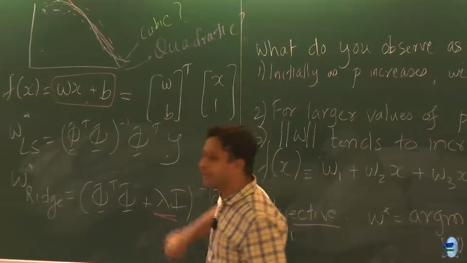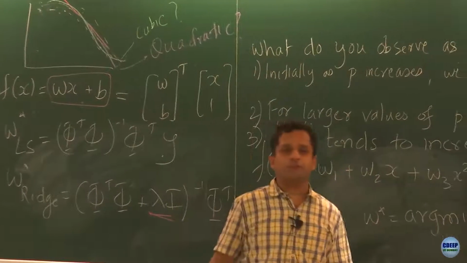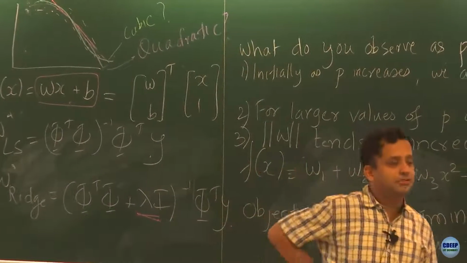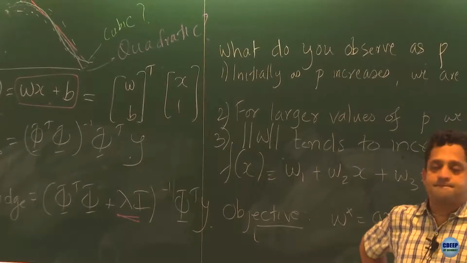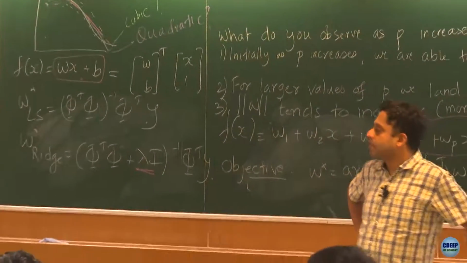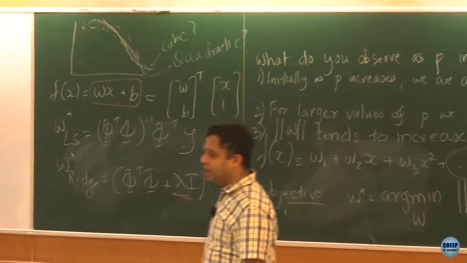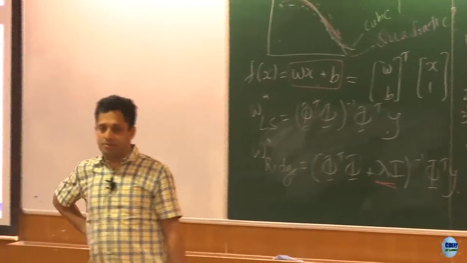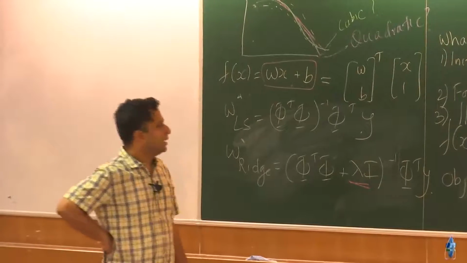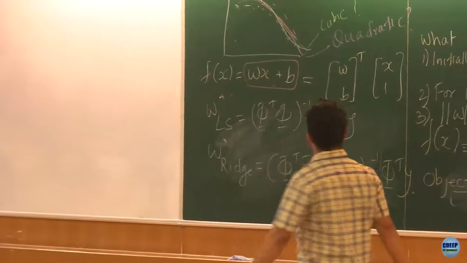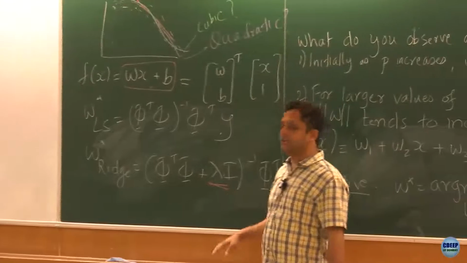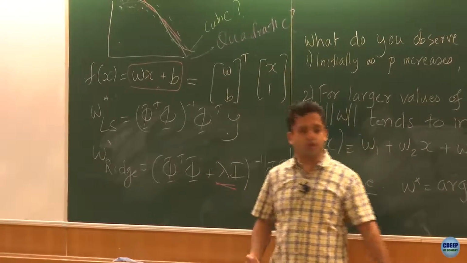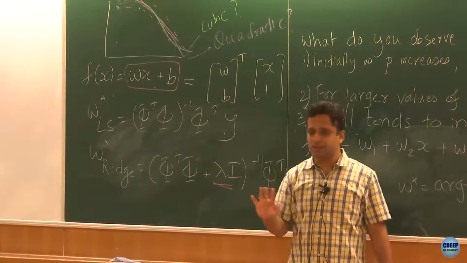Towards the end of last class, what did we argue about phi transpose phi and its invertibility? Phi transpose phi is invertible if and only if phi is full column rank, right? Now if phi transpose phi is not invertible, which means phi is not full column rank, is that possible?